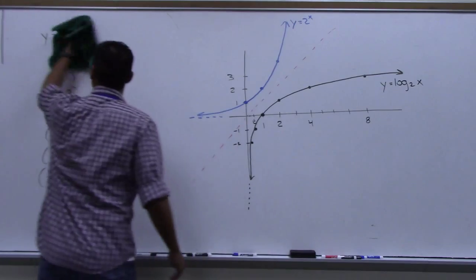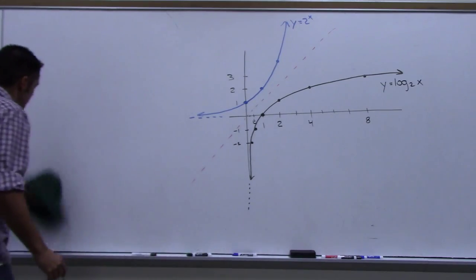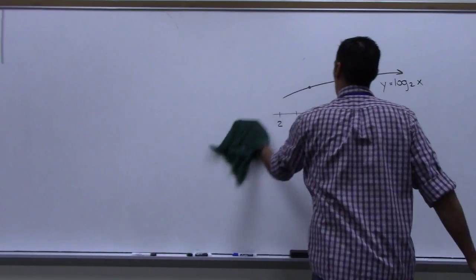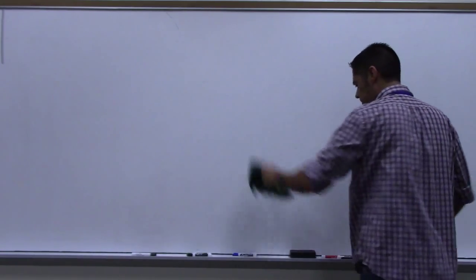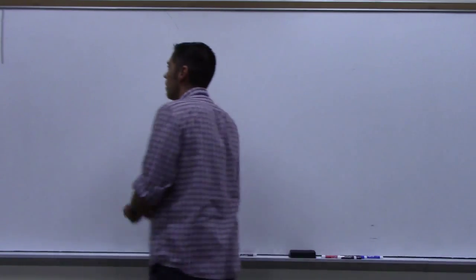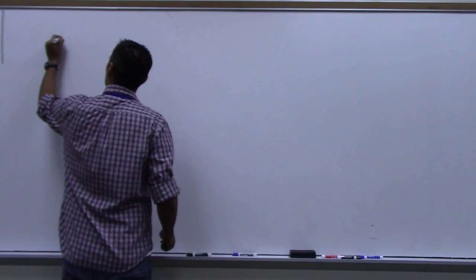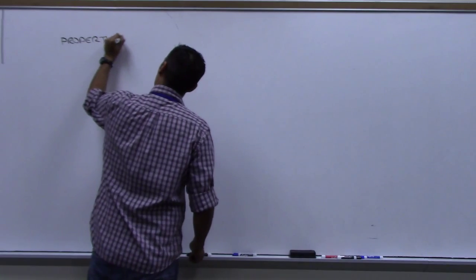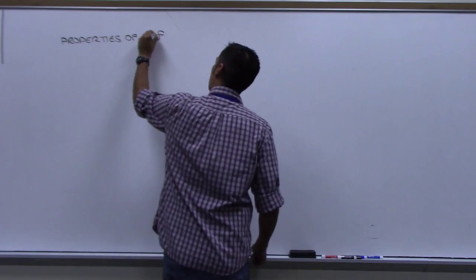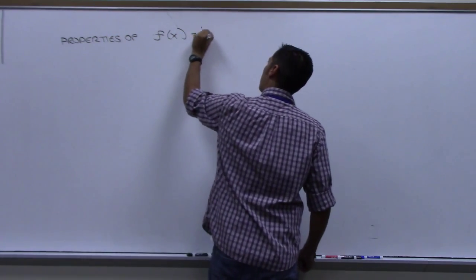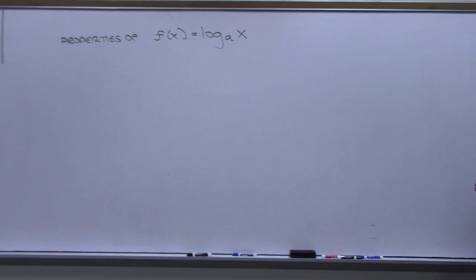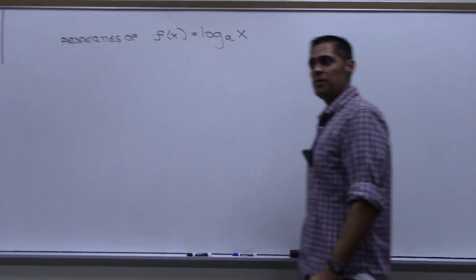So let's talk about some properties of the log functions. So if somebody gives you a log base A function, what are some properties in terms of the way it looks?